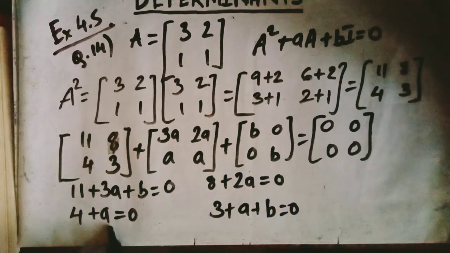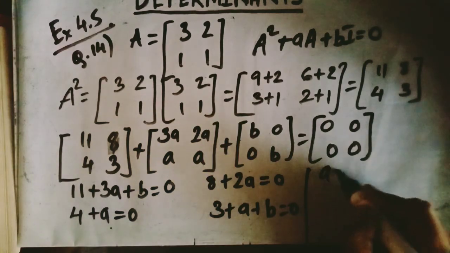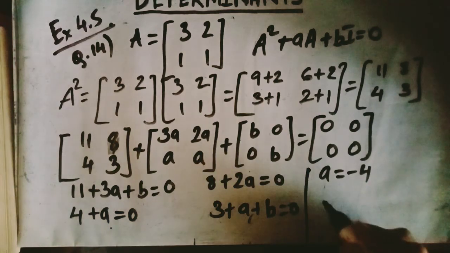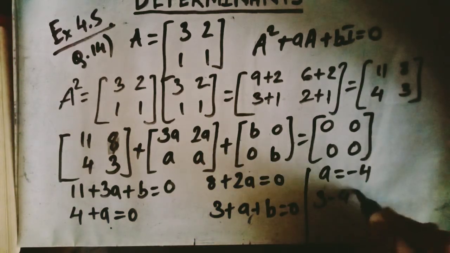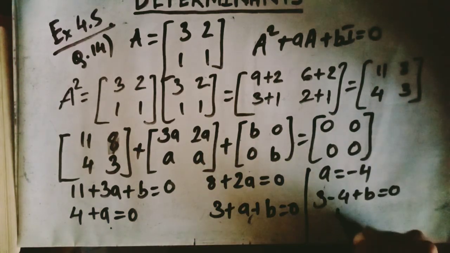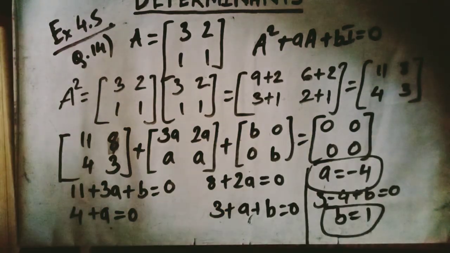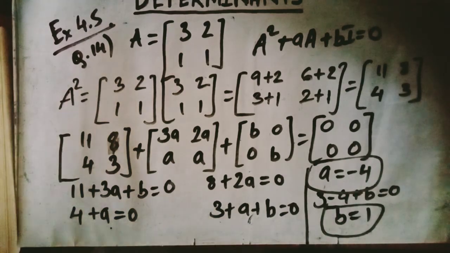From these equations you will get the value of a. So a is minus 4. You can substitute that in equation 4. So 3 minus 4 you will get minus 1, so b is 1. So you will get a equal to minus 4 and b equal to 1.